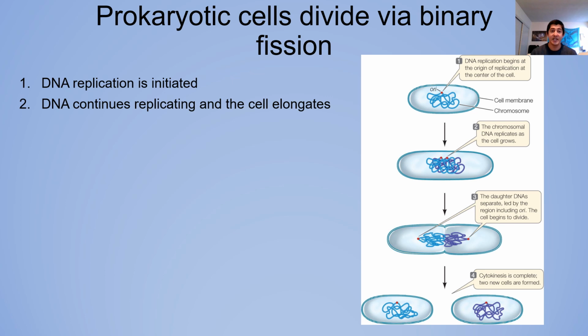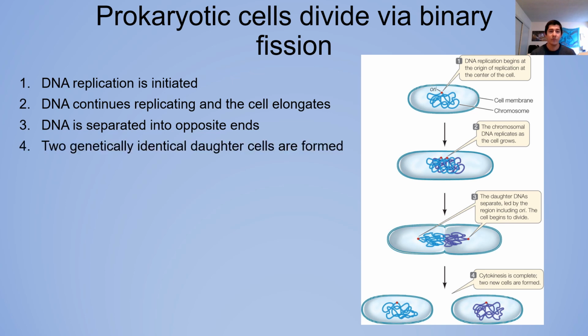And as the DNA is being copied, the cell is going to elongate to ensure that you have enough cell material for 2 fully functional cells. That replicated DNA will be separated into opposite sides of that elongated cell, and you end up with 2 genetically identical daughter cells. So you've essentially copy and pasted this original cell.